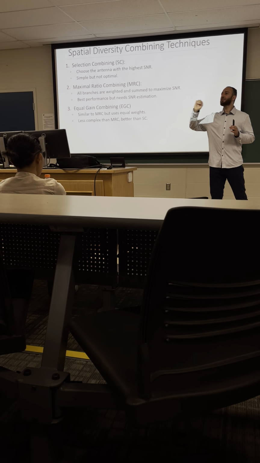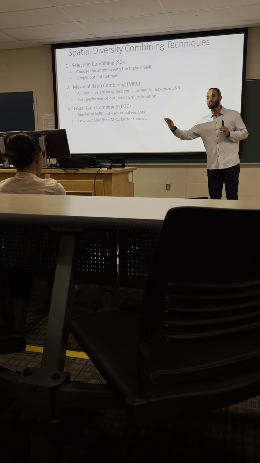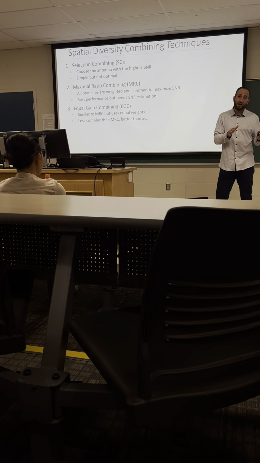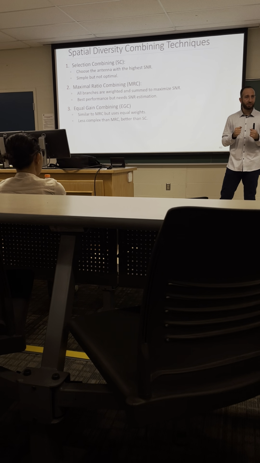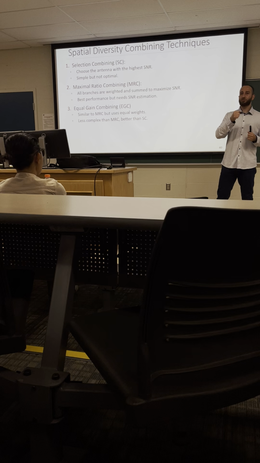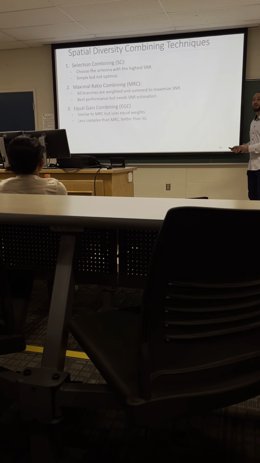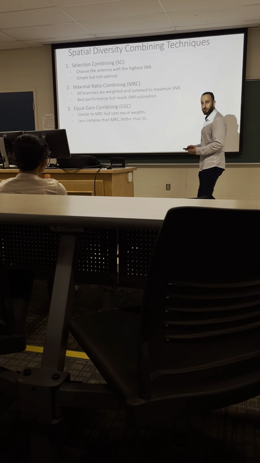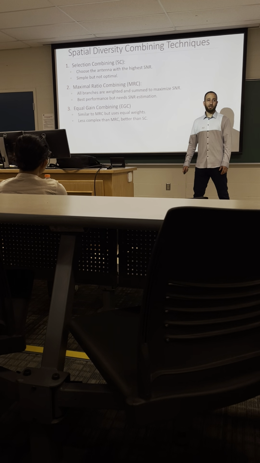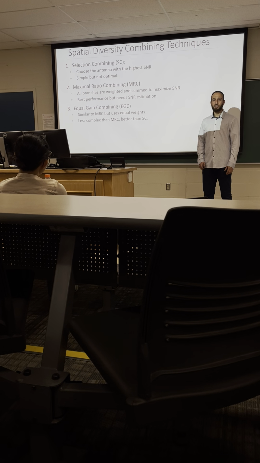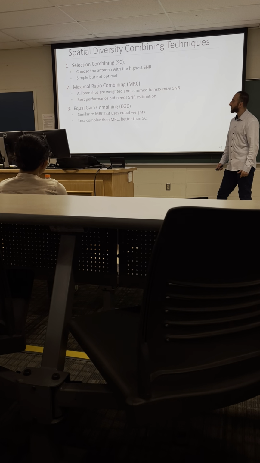I will consider the weak signal, but I give it a smaller weight. I will take the strong signal, but I will give it a strong weight, which makes sense. That's why here I maximize. This is called maximal ratio combining, which is the best type in this kind of combination.